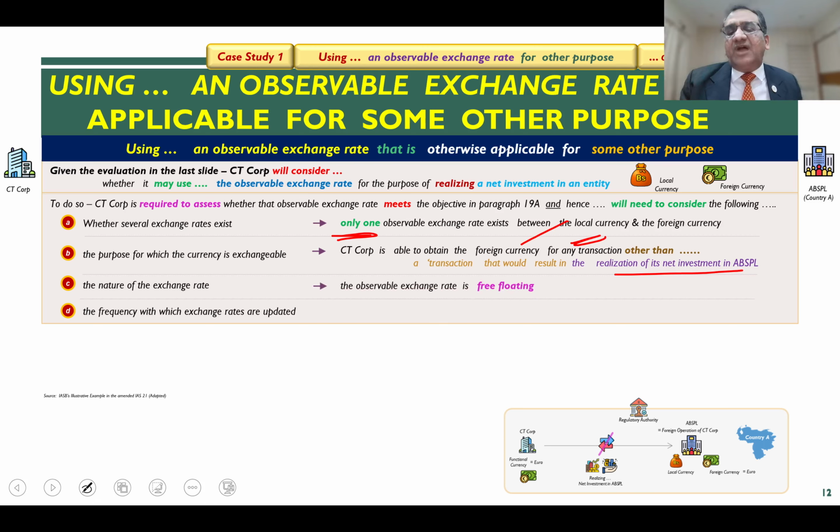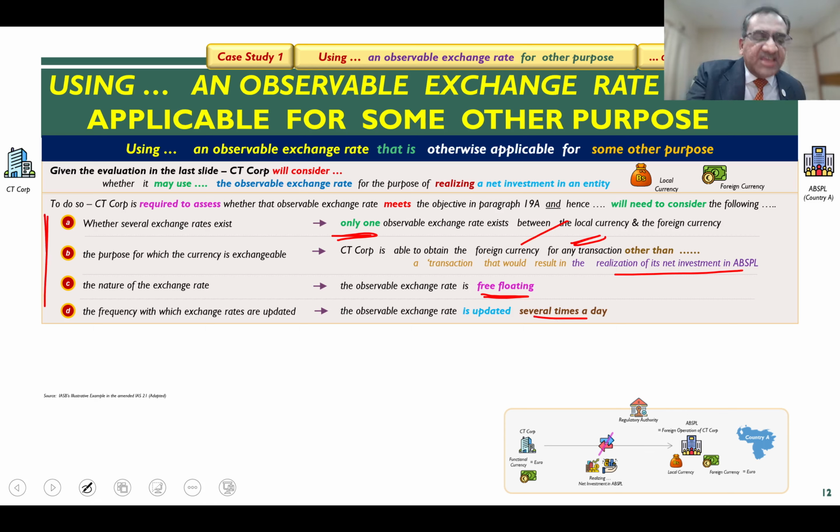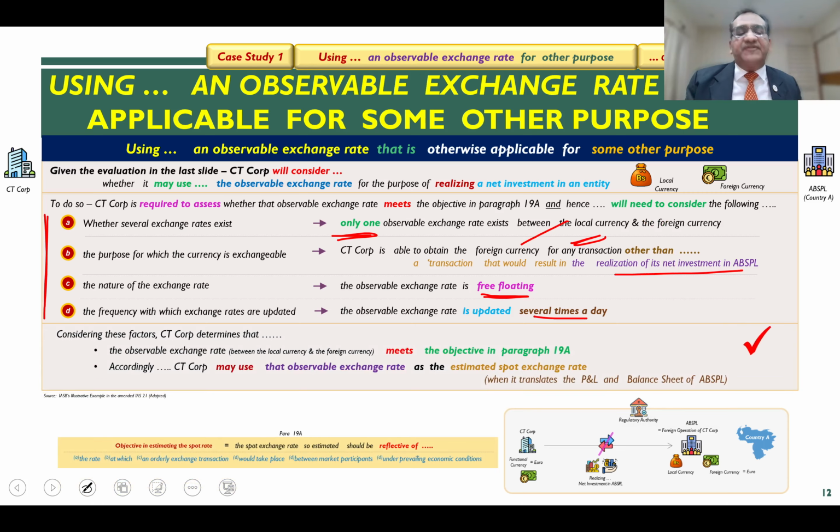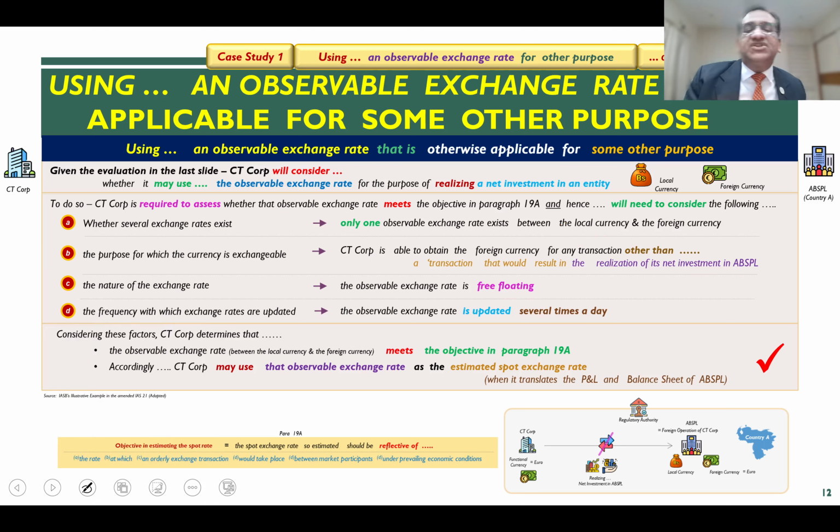So this purpose is not something for which the currency is available. And the currency is free floating. It is all given in the case study itself. And it is updated multiple times in a day. So out of these 4 factors, you will be able to see most of the factors indicate that the objective of paragraph 19A is being met.